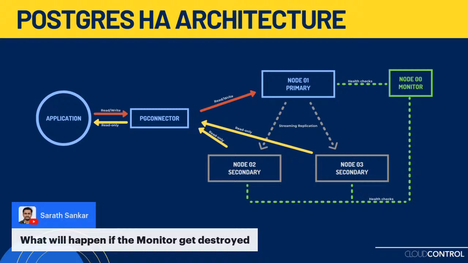If the monitor node goes down, all the nodes, including the primary and the multiple secondaries, will immediately know that the monitor is no longer there, because the communication between the monitor and all the nodes is happening in a bidirectional way. But PG auto failover is designed so that even if the monitor is not there, they will keep on pinging, but it will not affect the functionality of the database.